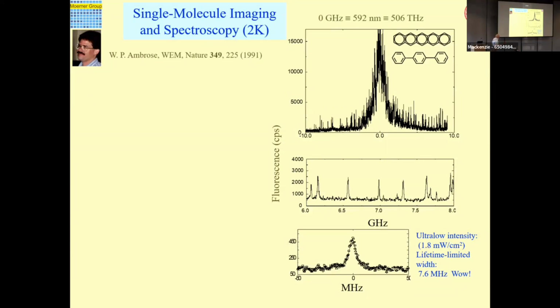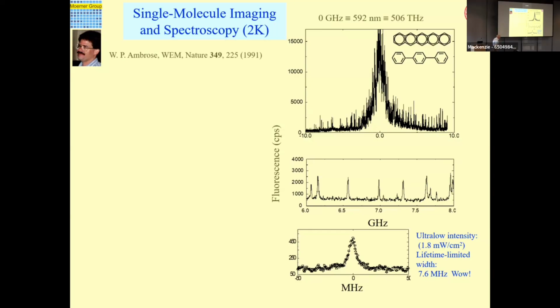So that's what this is. And the center here is at 506 terahertz. So you look at all of these features and you zoom in here on just a couple of gigahertz, even here over 100 megahertz. You see these unbelievable spikes, which are the individual single molecules coming into resonance with this single frequency laser as you tune over them.